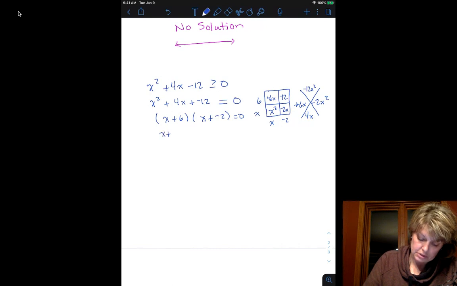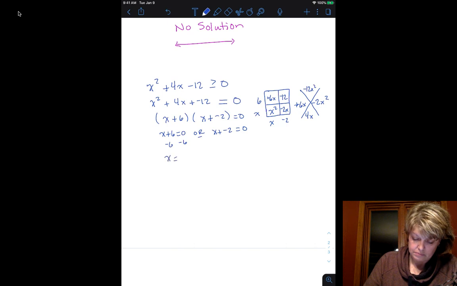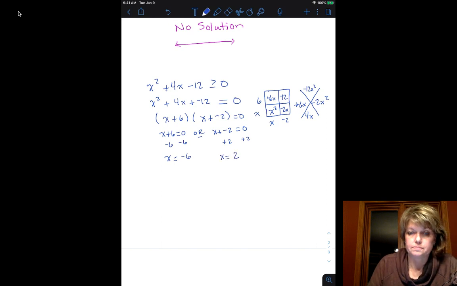So x plus 6 equals 0, or x plus negative 2 equals 0. If I solve each of those, I get negative 6, and I get 2. So what does that tell me? These are my boundary points.